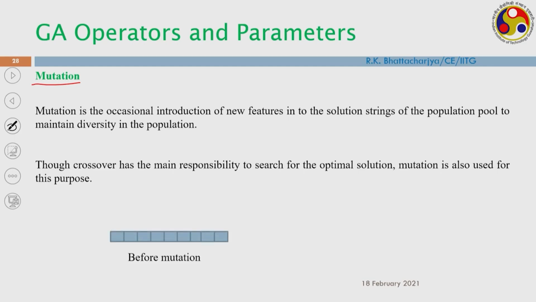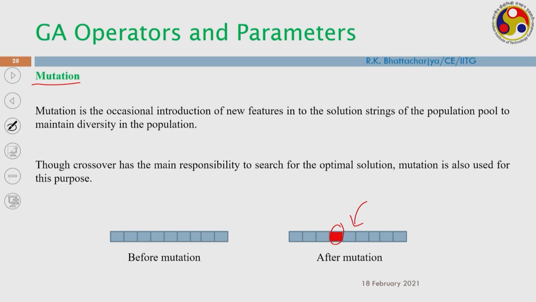What we do basically, suppose this is a particular string, and the fourth bit is mutated. Now you are getting a new value in this particular bit, or in this particular gene. Once you are getting a new value, the decoded value will also be different. But now the question is, what is happening if you are using binary bits?